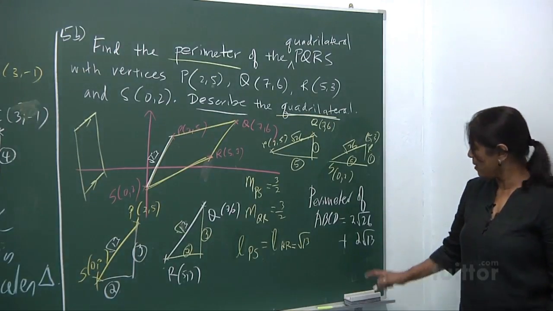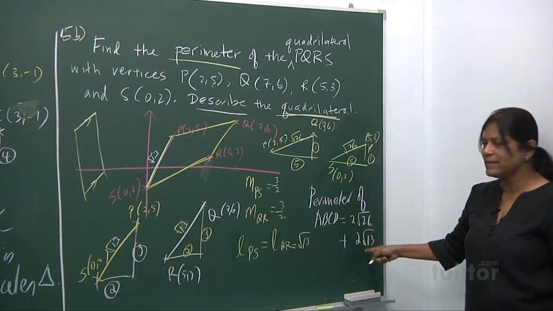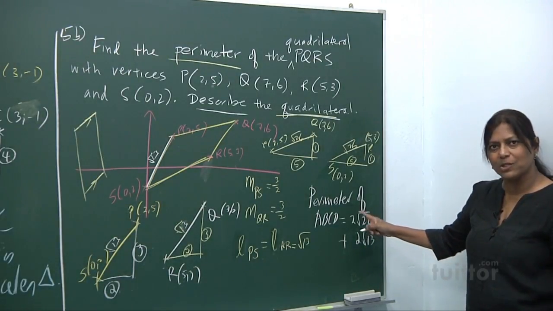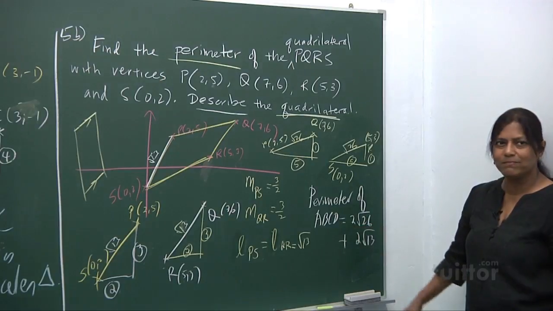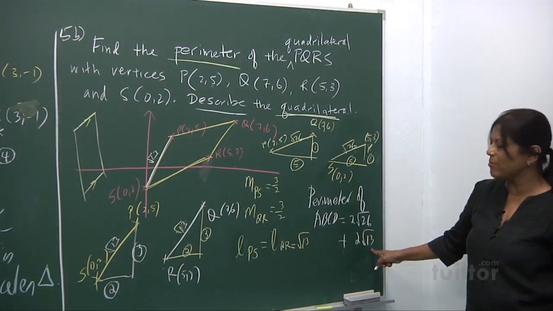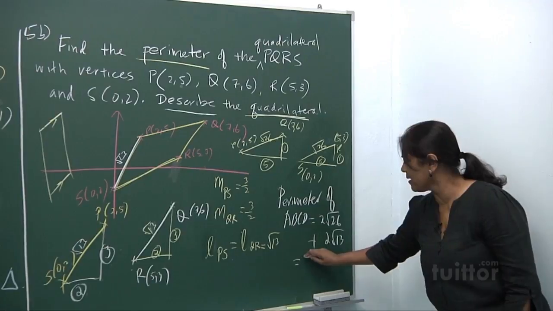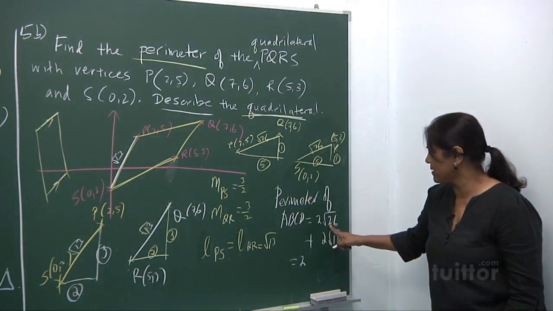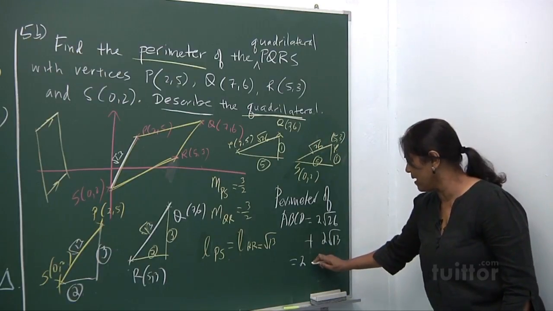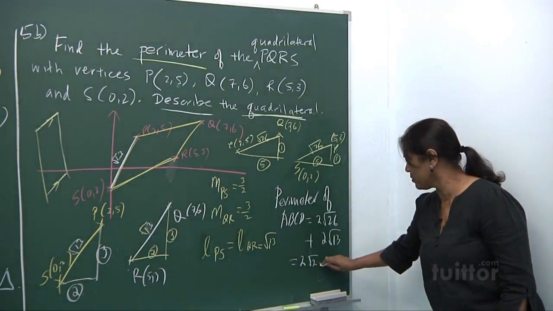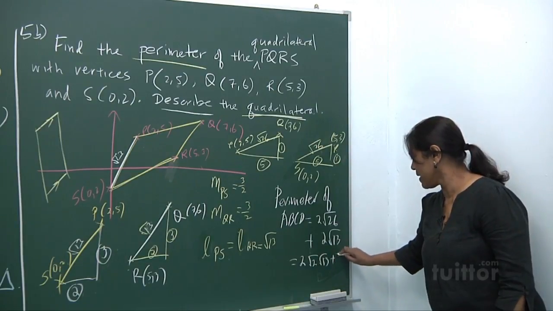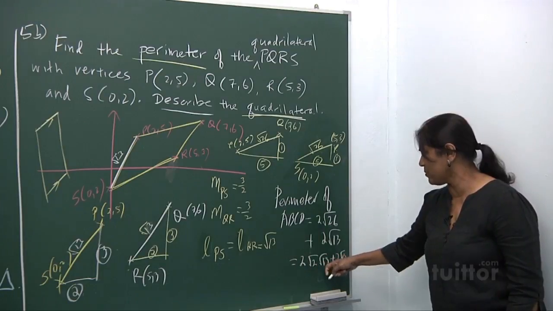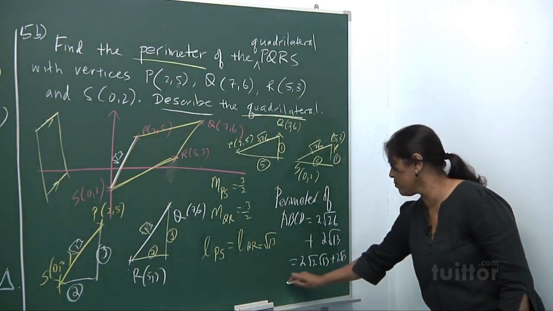Got it? Now, you see a common thing related to this. Don't ever take the 2 out and say that's square root 26 and that's square root 13. If I write it this way, square root 2 times square root 13, plus 2 square root 13, because square root 26 is square root 2 times square root 13, you can take out the root 13.